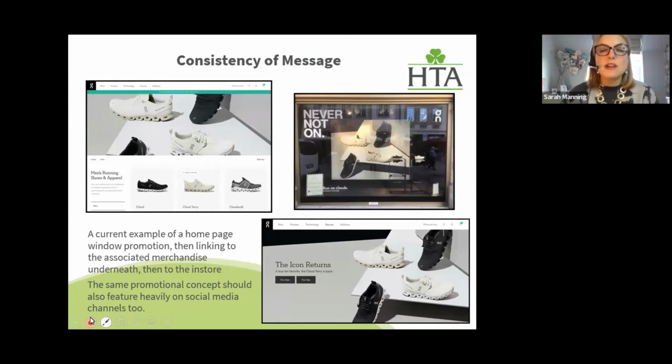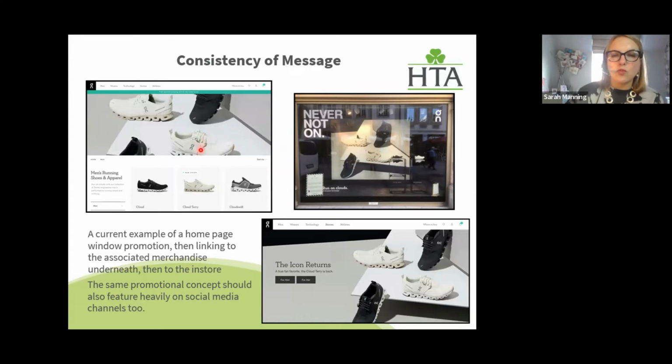Also, we can look at really big retailers as examples from this. So obviously brands like On, where they will create a new range of trainers or new product launch, and the product launch is implemented consistently across all channels. So here we've got the shop window installation.